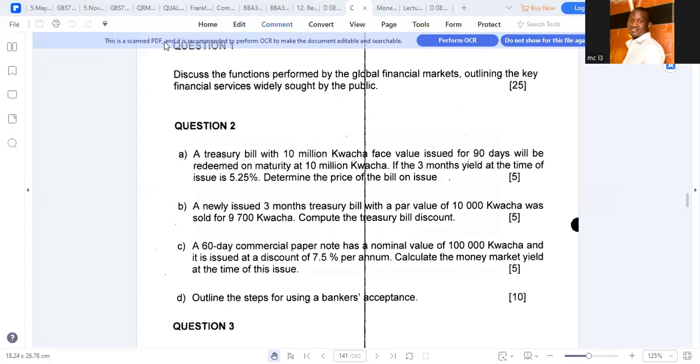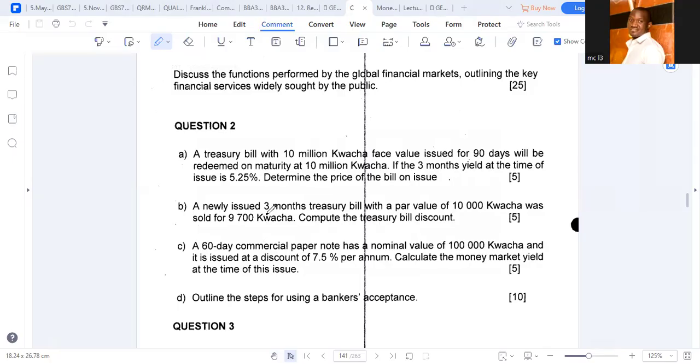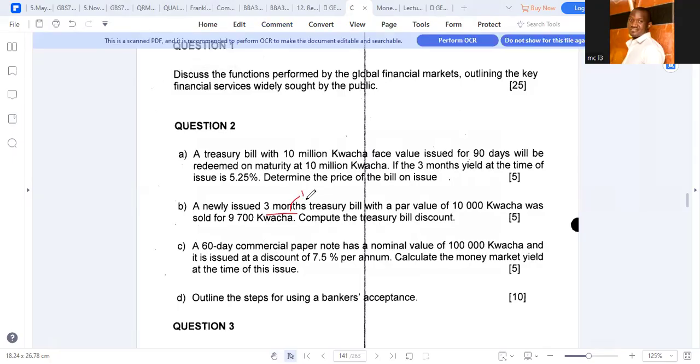So we already have our time here as 90 days, with a par value of 10,000. So this is our face value. And it was sold for a price of 9,700. So our price is 9,700.